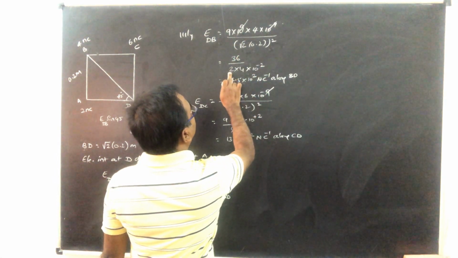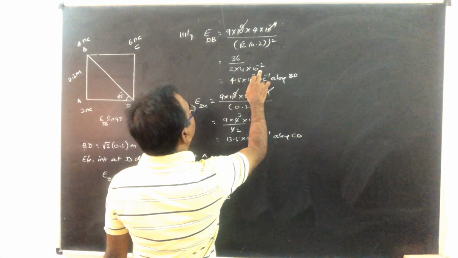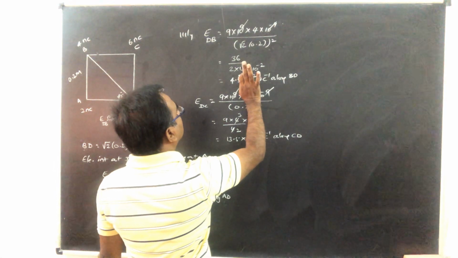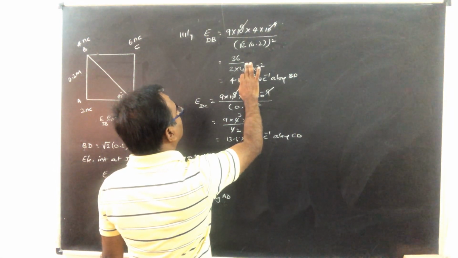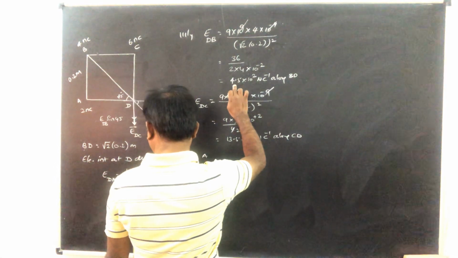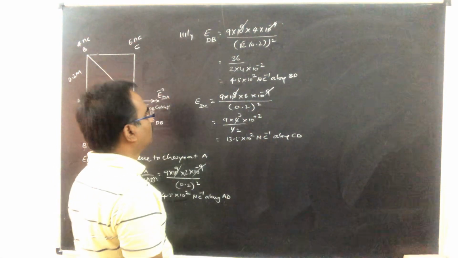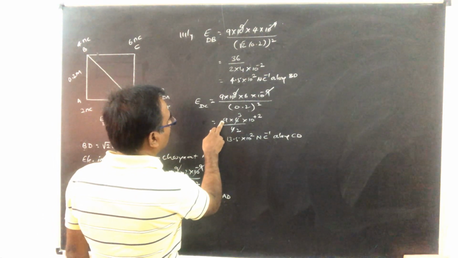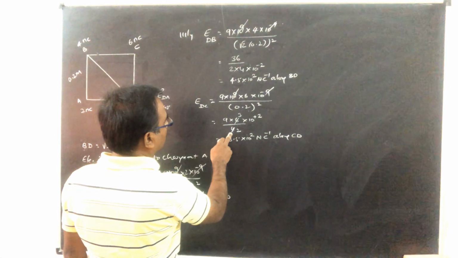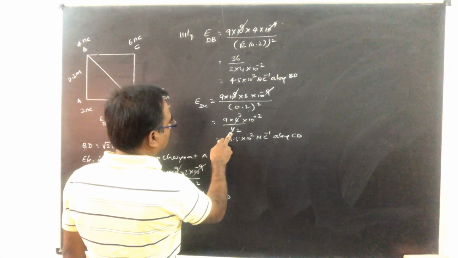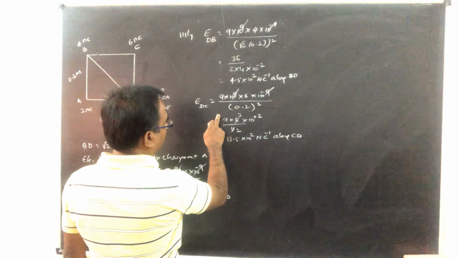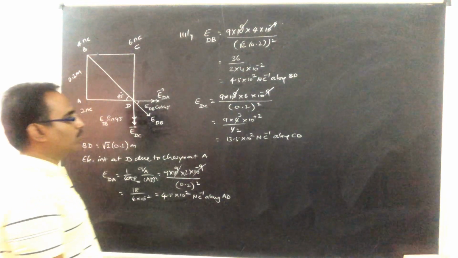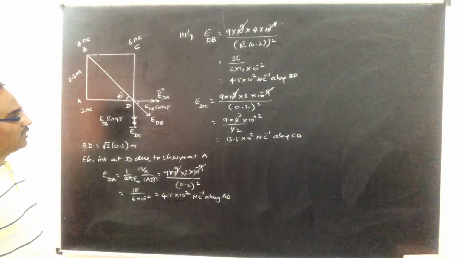So this is 2 into 4 into 10 to the power of minus 2, 36. 18 by 4 means 4.5. Okay. So this is 4.5 into 3, 13.5 into 10 to the power of 2 Newton per Coulomb along CD. So these are the three fields now.